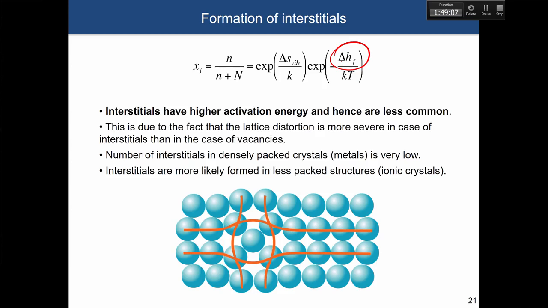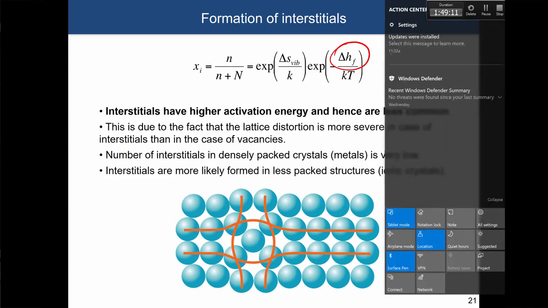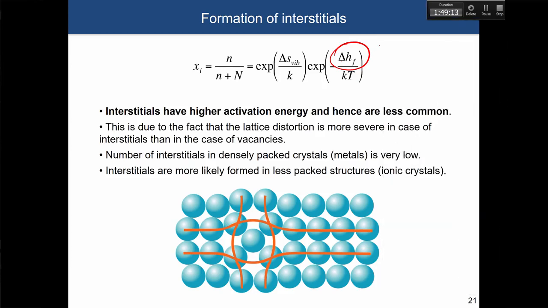So in general, the vacancy concentration is significantly higher. What I just told you is that basically the enthalpy of formation for an interstitial is significantly higher than for a vacancy. So this was just a mathematical way to summarize what we just mentioned.